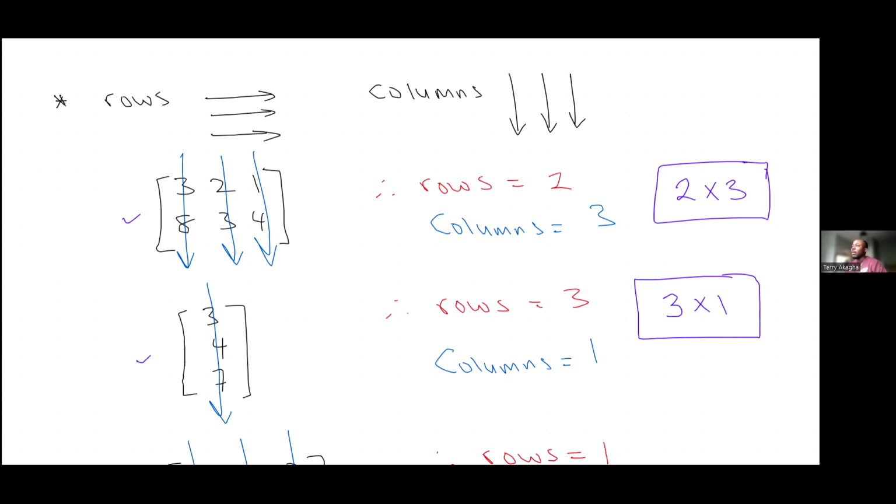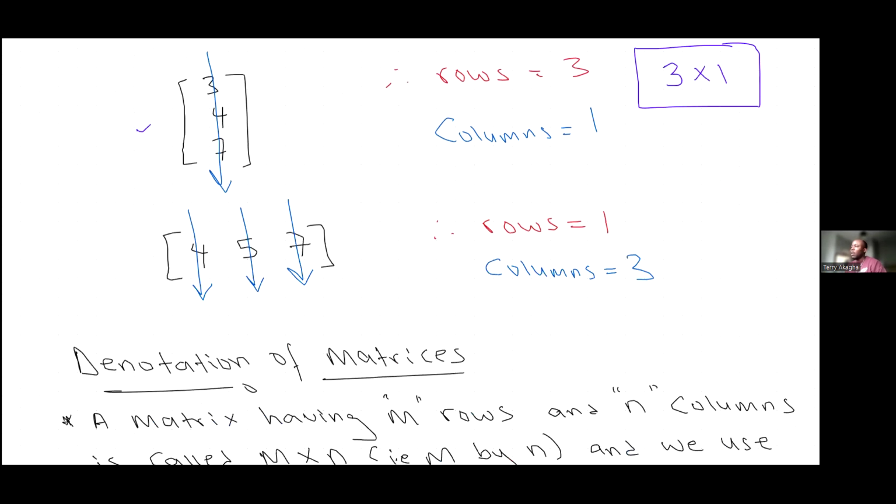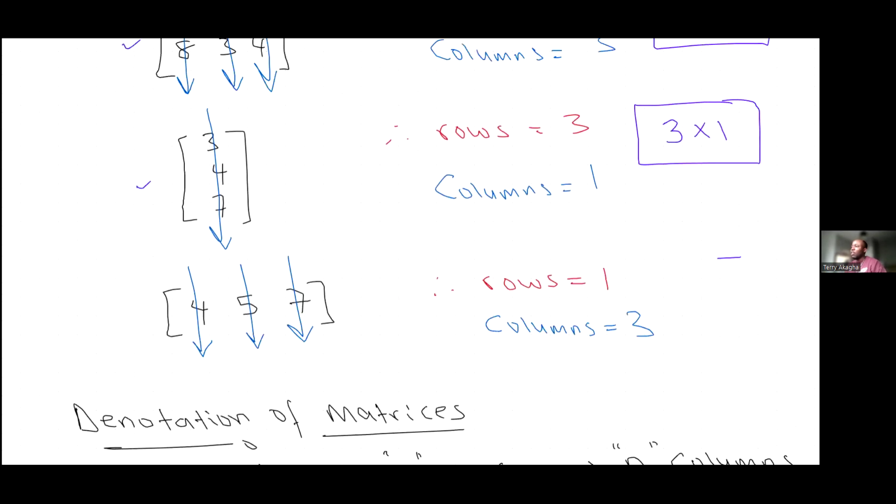Now, when you go to the next one, definitely, it's going to be a 1 by 3 matrix, because the number of rows we have here is 1, and the number of columns we have here is 3. Okay, good.